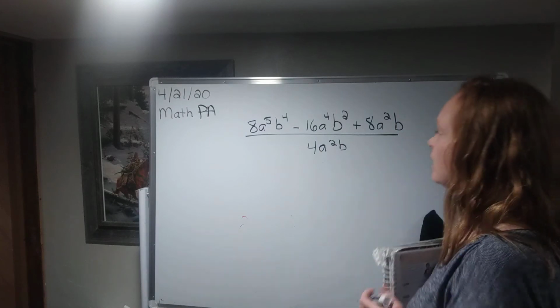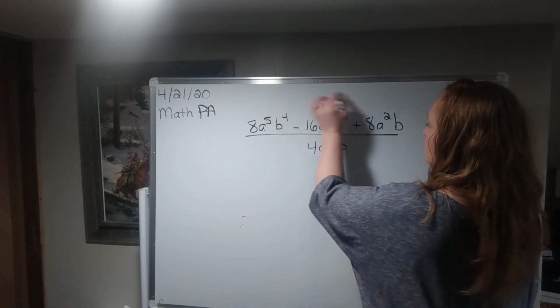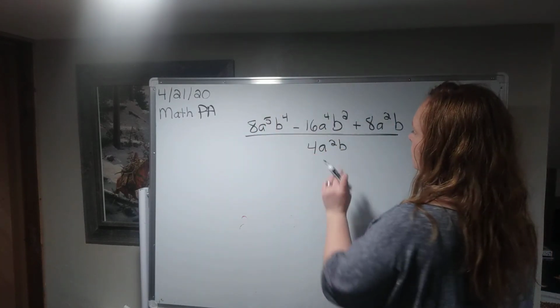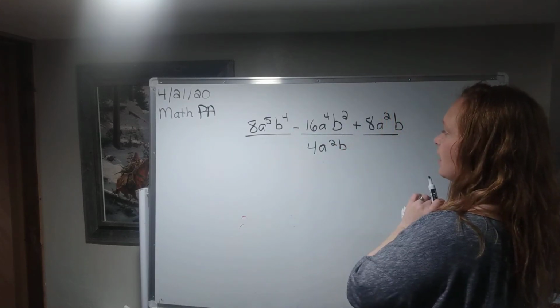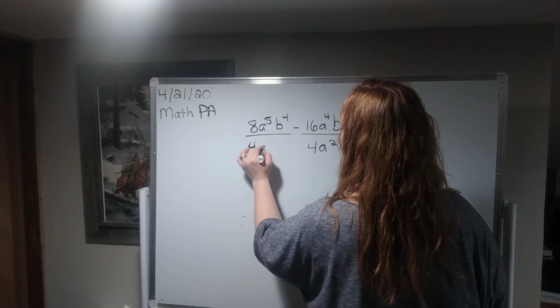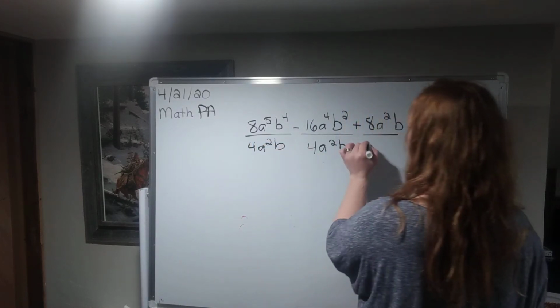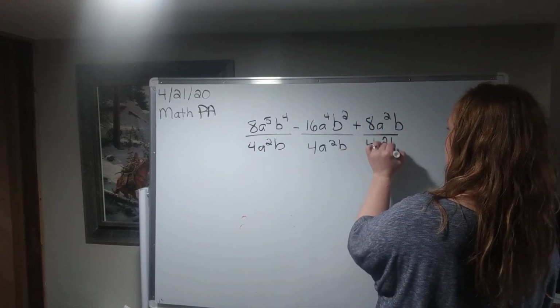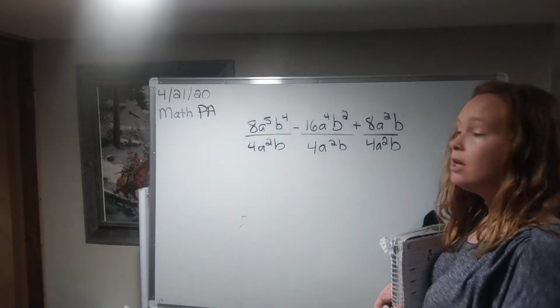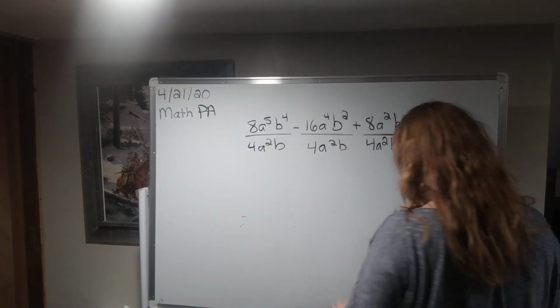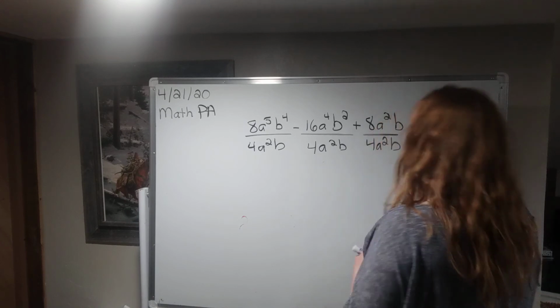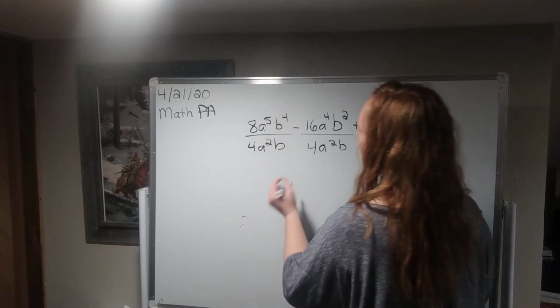Now this one is big enough that it's going to be a little bit more difficult to group it. So what I'm going to do is erase between my signs and write this under each one. That way I realize I have to divide by it in each term. Let's see what we get.